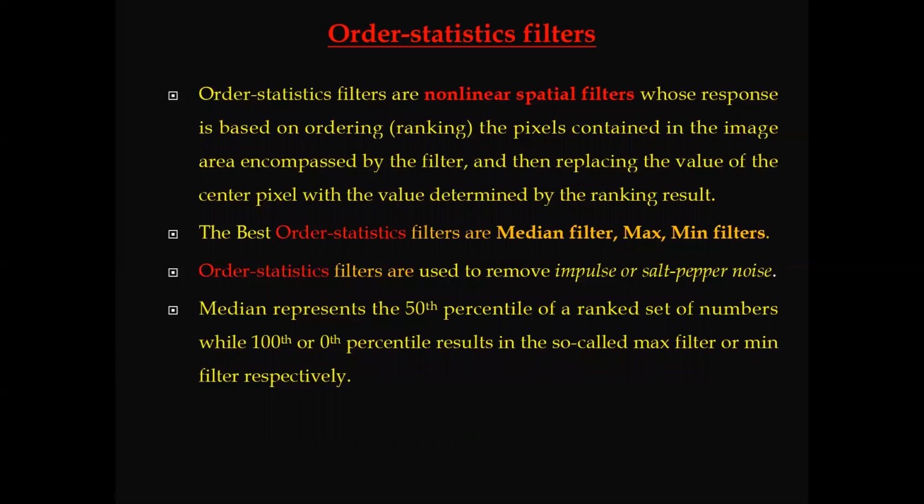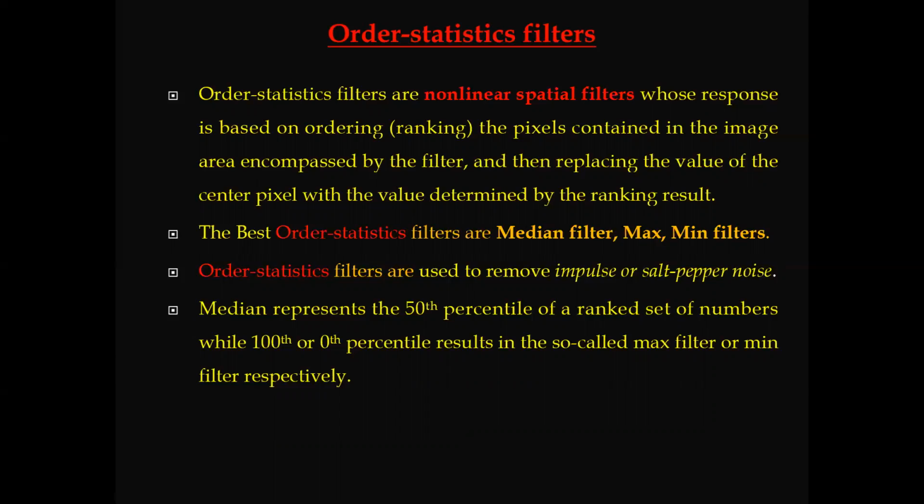The best-known order statistic filters are the median filter, maximum filter, and minimum filter. In general, order statistic filters are used to remove impulse or salt and pepper noise. You can understand the different types of noises which commonly arise in images in the third unit.